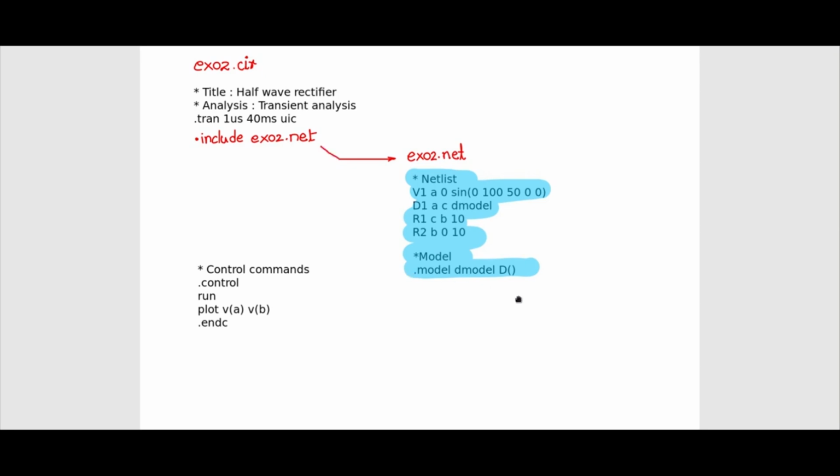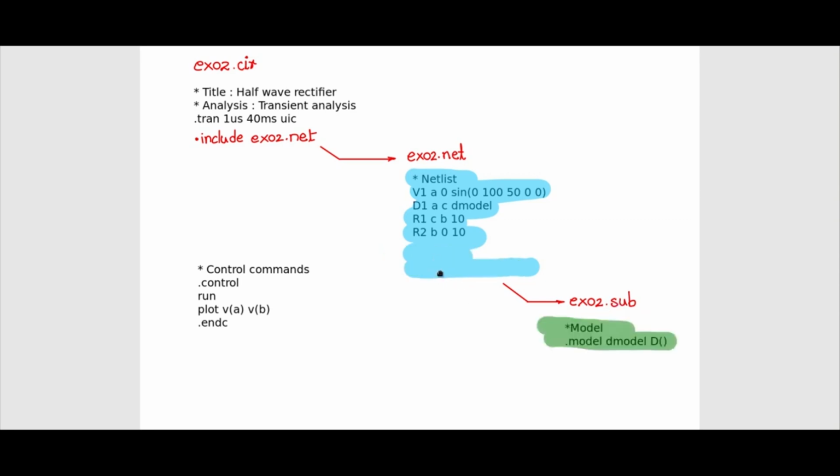So let us mark this model and push it into another file called ex02.sub. This extension .sub is optional. You can have it as .sub or .lib or any other extension, but it doesn't matter. But .sub is very descriptive because it describes sub-circuits.